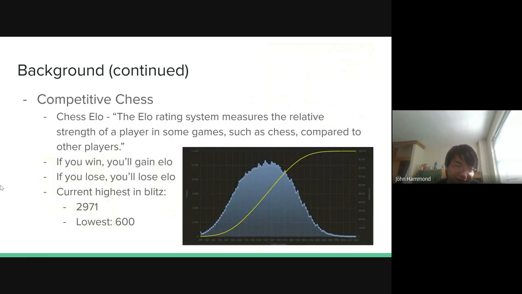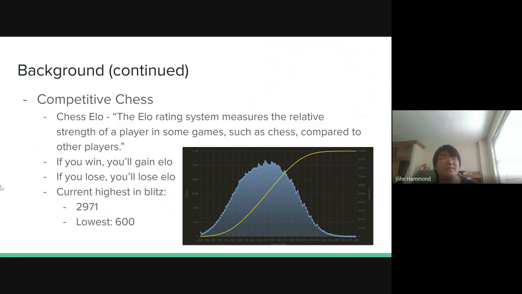Now in competitive chess, mainly a human thing, the ELO rating system measures the relative strength of a player in some games, such as chess, which is what we're doing, compared to other players. So it's a way to assign a number to how good a player is. Of course, if you win, you'll gain ELO. If you lose, you lose ELO.